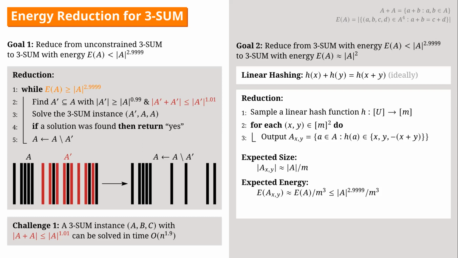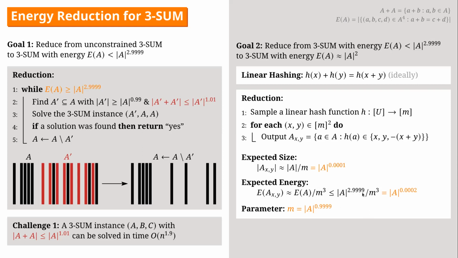But recall that there is this dependence. Since we consider a linear hash function, after you fix the hash values of a, b, and c, the hash value of d is uniquely determined. So the best we could hope for is a 3-wise independence guarantee, which would give you the energy divided by m cubed term. So we can bound the energy by the energy of A divided by m cubed, which is |A| to the 2.999 divided by m cubed.